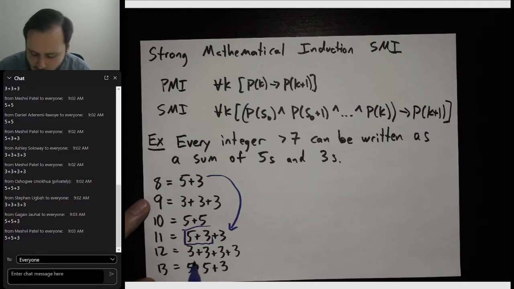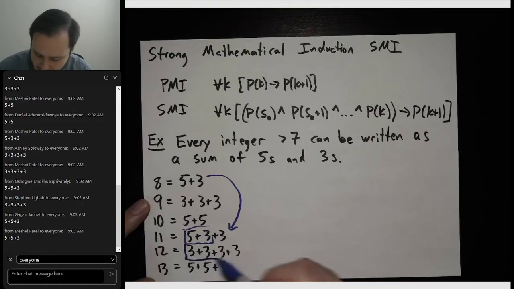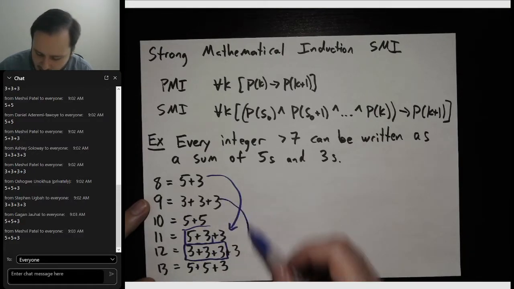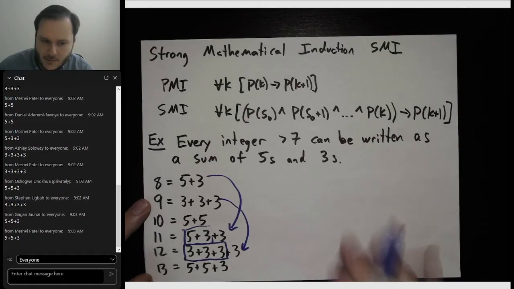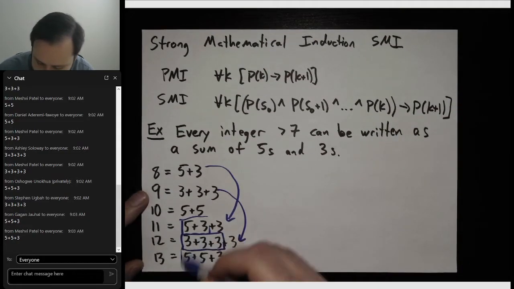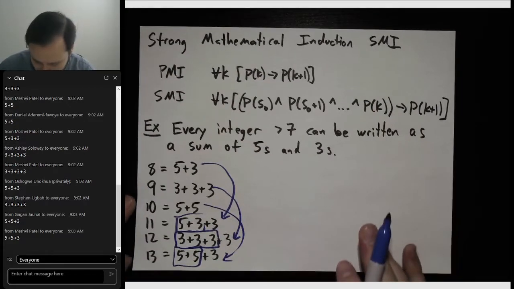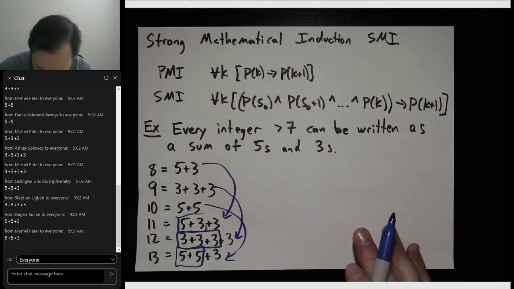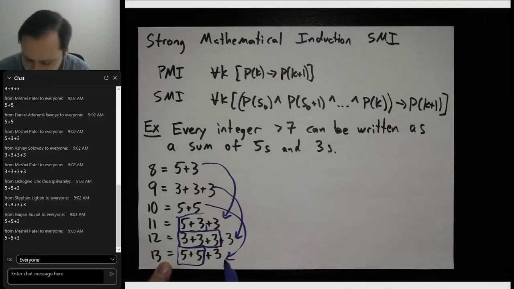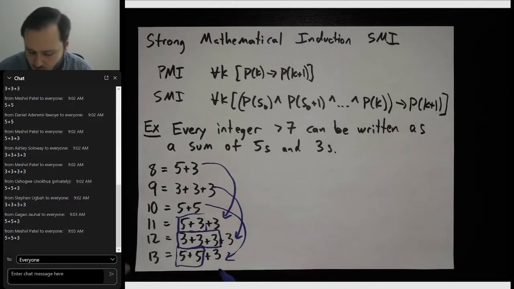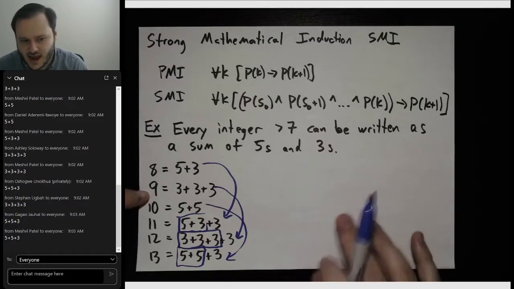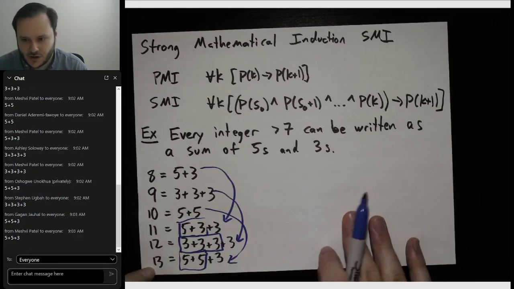How did I get to 12? Well, I took my strategy for 9 and I added on 3 more. How did I get to 13? I took my strategy for 10 and I added on 3 more. So what's my strategy here? Well, if I know how to do a number 3 back, then I can do the current number that I'm working on.